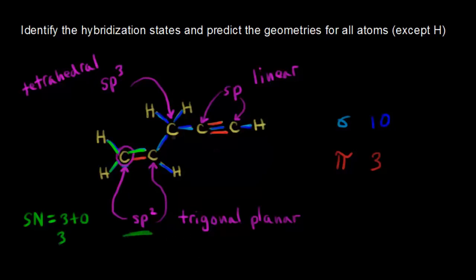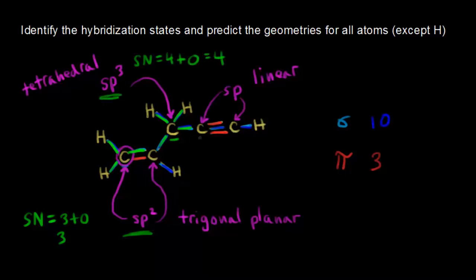All right, if I wanted to do it for this carbon, I would have 1, 2, 3, 4. Right, so the steric number would be equal to 4 sigma bonds and 0 lone pairs of electrons, giving me a total of 4 for my steric number. So I need 4 hybrid orbitals. I have 4 sp3 hybridized orbitals at that carbon.